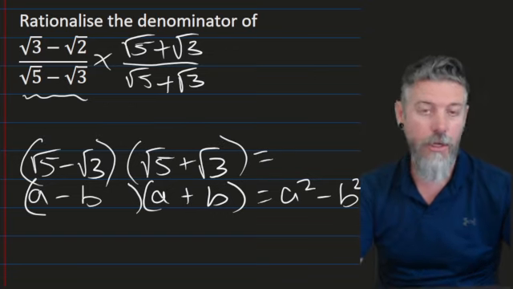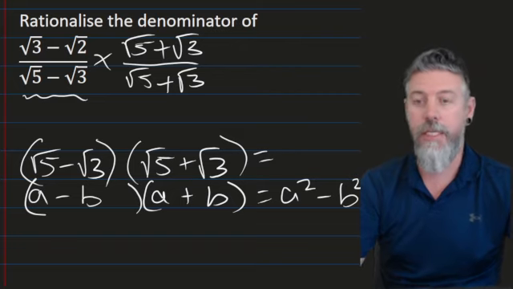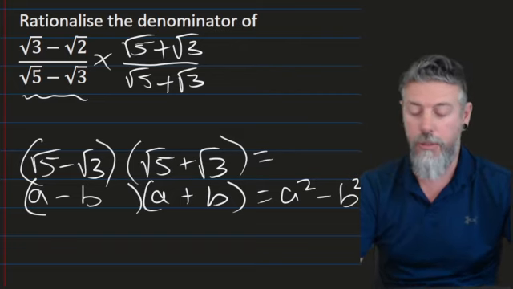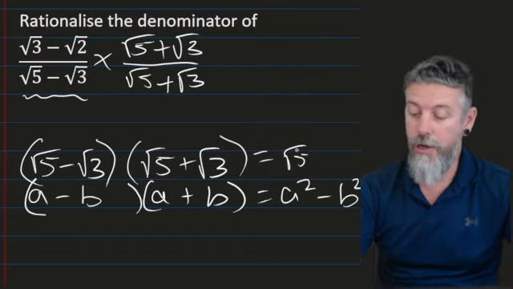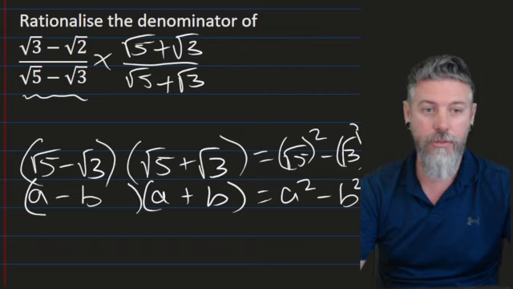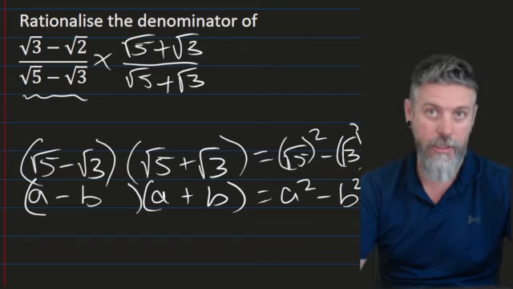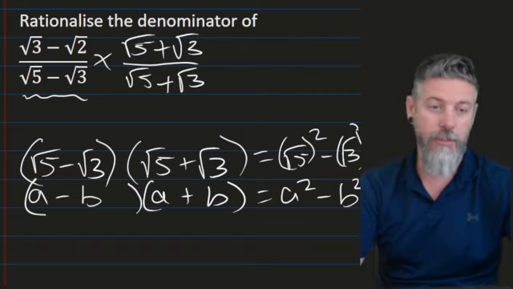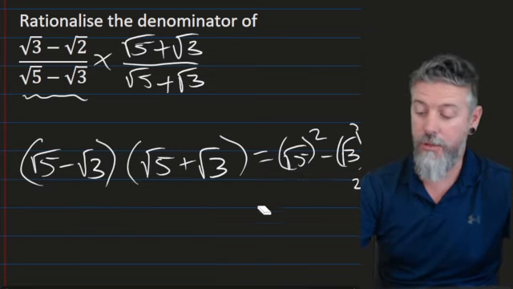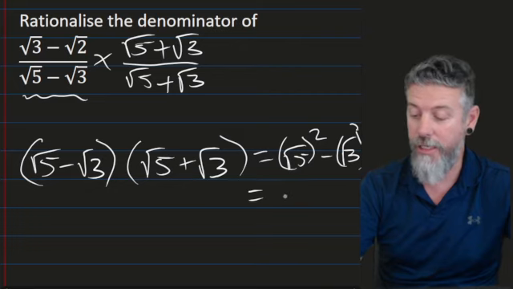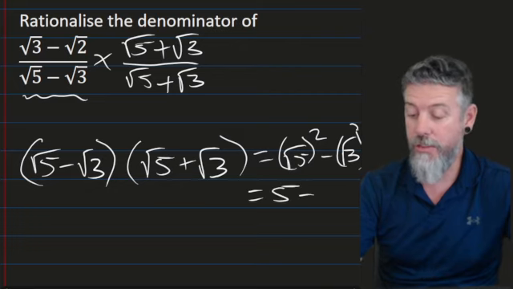Again, if you didn't, go and have a look at some work out of your year 10 textbook, and it'll show you how this middle term disappears and we just end up with a difference of two squares. So now we're going to end up with root 5 squared minus root 3 squared. And we know that from earlier, where I did the easier example, root 5 times root 5 will just be 5, and root 3 times root 3 will just be 3. And so we're going to get in the denominator 5 minus 3.